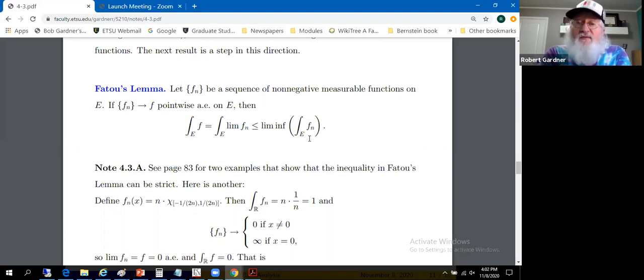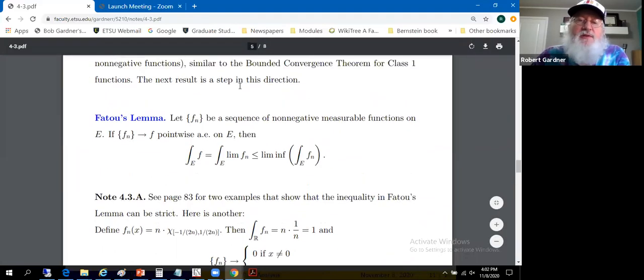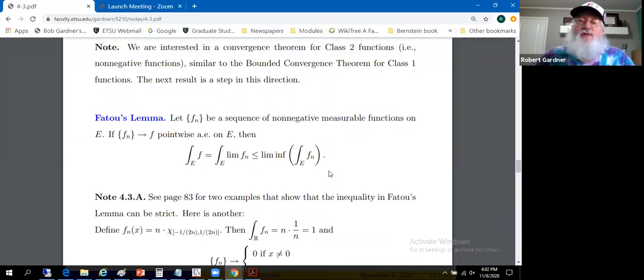All right, I want a convergence theorem. I don't want any lim-infs and I don't want any inequalities. So this isn't a convergence theorem. It's a step in the direction, as the notes say. It's a step in the direction of a convergence theorem, but it's not exactly a convergence theorem. It's half a convergence theorem, I suppose.